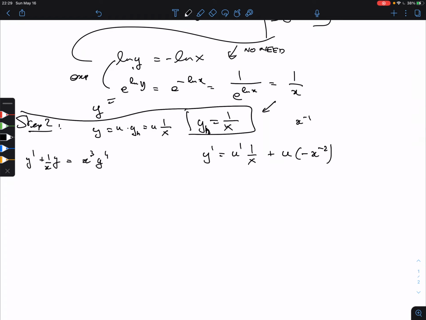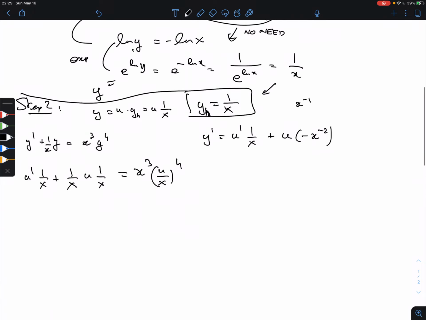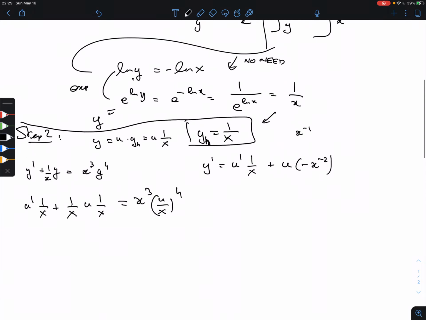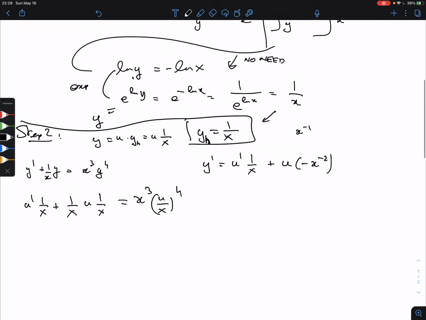Okay, so let's plug this in. Now we can plug this in. So we have y prime is u prime 1 over x plus 1 over x times y, and y was u times 1 over x, equals x cubed times u over x to the power 4. Oh, okay, sorry, I forgot to copy this part, right?